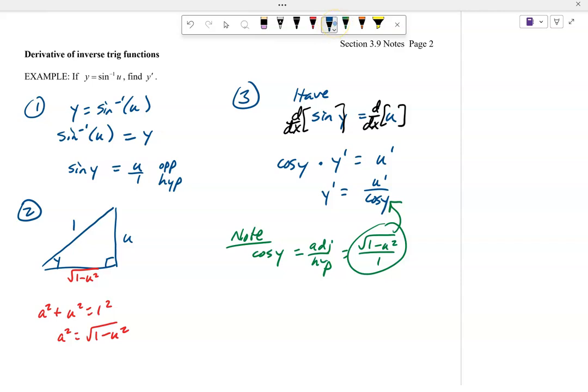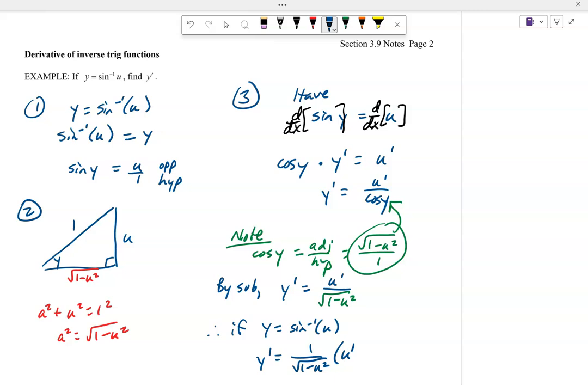By substitution, y prime equals u prime over cosine y, and I'm going to put in that cosine y, which is the square root of 1 minus u squared. Therefore, if y equals the arcsine of u, whatever u is, then y prime is 1 over the square root of 1 minus u squared, times the chain rule, the derivative of u.